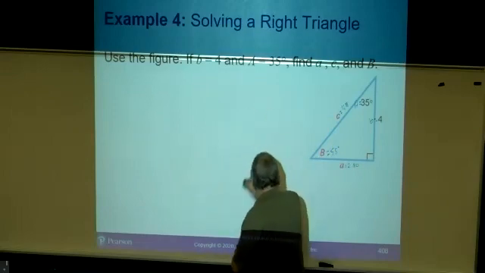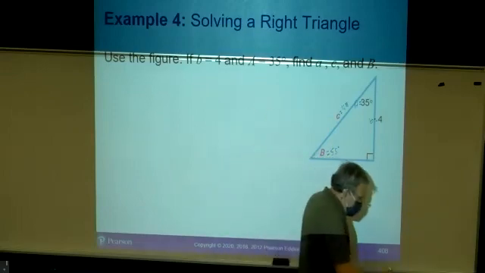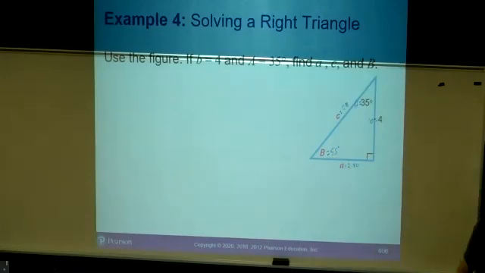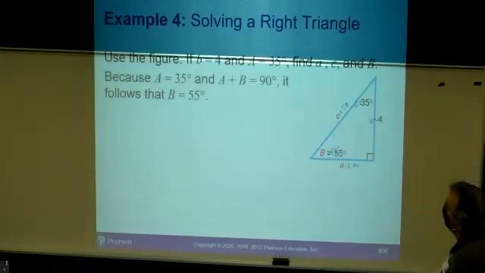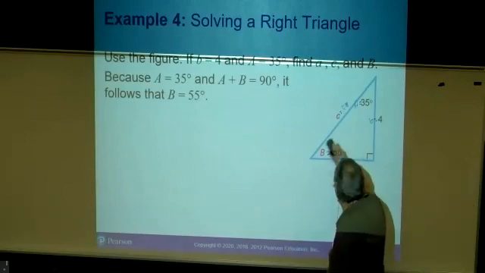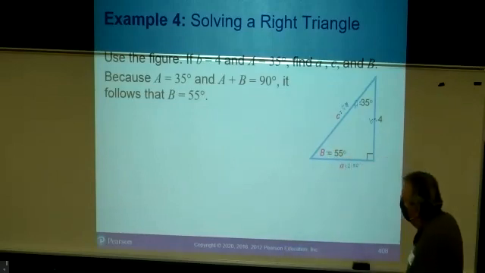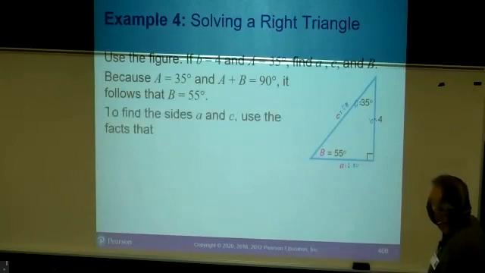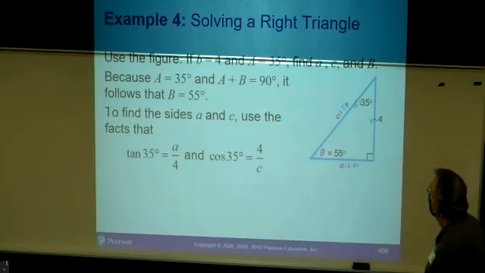So let's see if I did it the same way they did it. They have done it differently. Okay, so they got the 55. And so use the fact that tangent is, oh, they did A over 4.